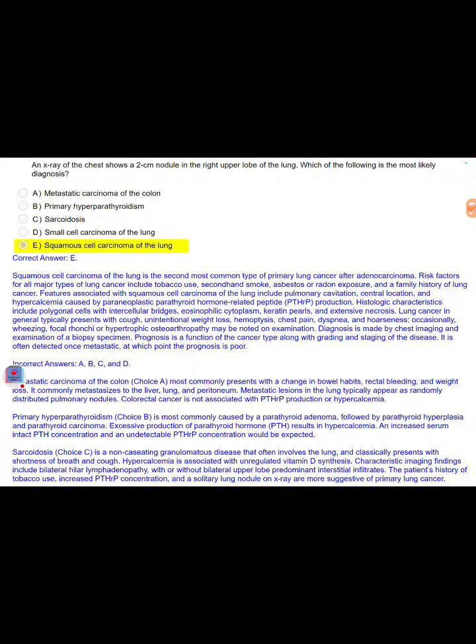So, bowel habits, rectal bleeding, weight loss, metastasis to liver, lung, peritoneum. Lung typically shows randomly distributed pulmonary nodules.